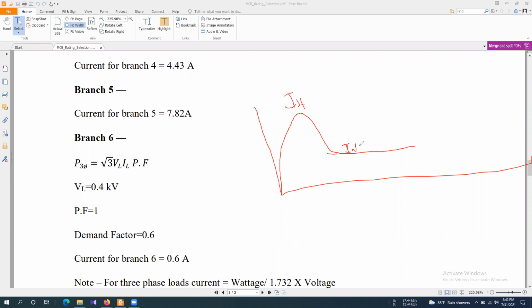In case of motor, to select the proper rating of the MCB, we should take consideration of the starting current, not the nominal current. For example, if by looking at the nominal current you have selected the MCB rating which is here, whenever the motor starts, the starting current will be on the MCB and it will trip the MCB in this region. That means the motor cannot start.